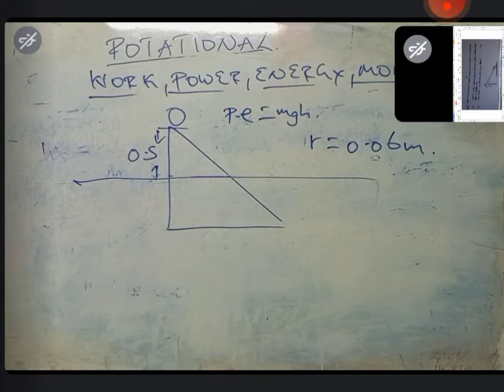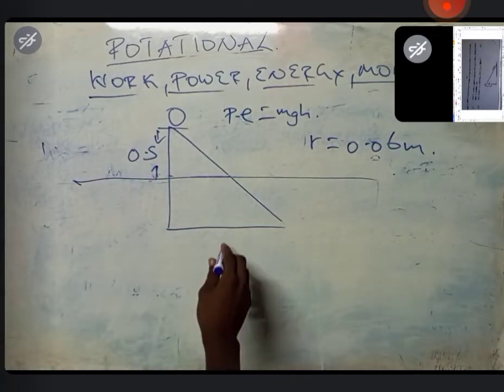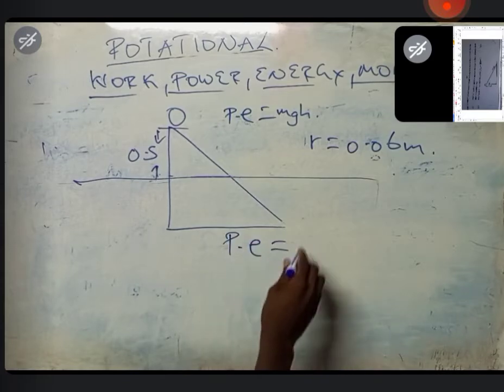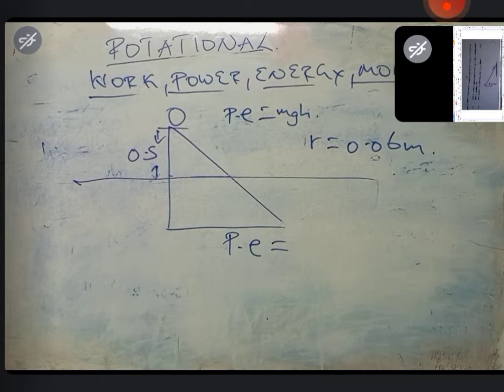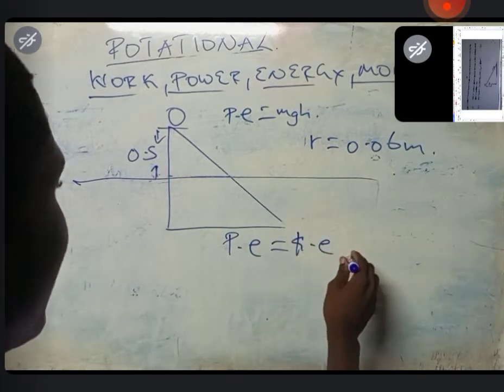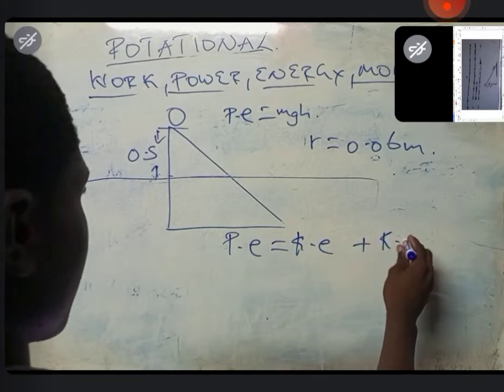Initially we know that at that point it is possessing potential energy. It is being converted to what? As it reaches the ground, it is converted to kinetic energy and rotational kinetic energy.